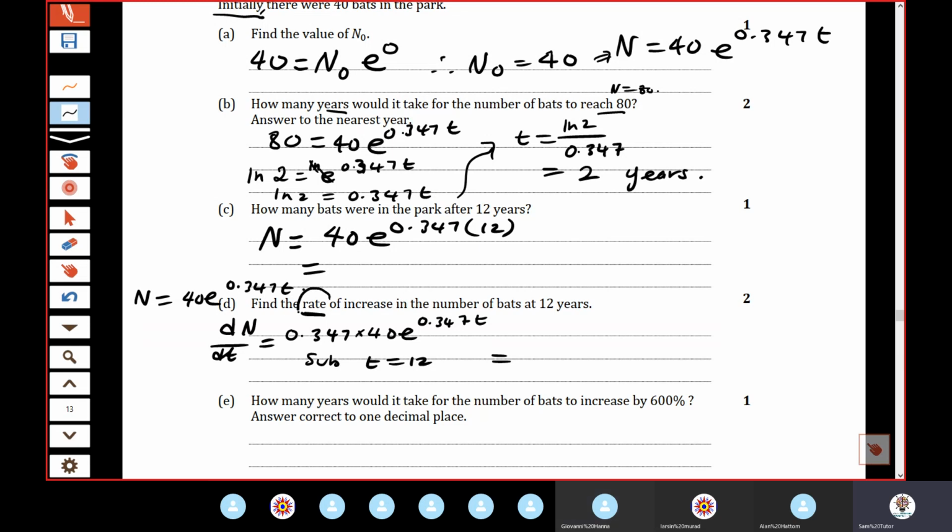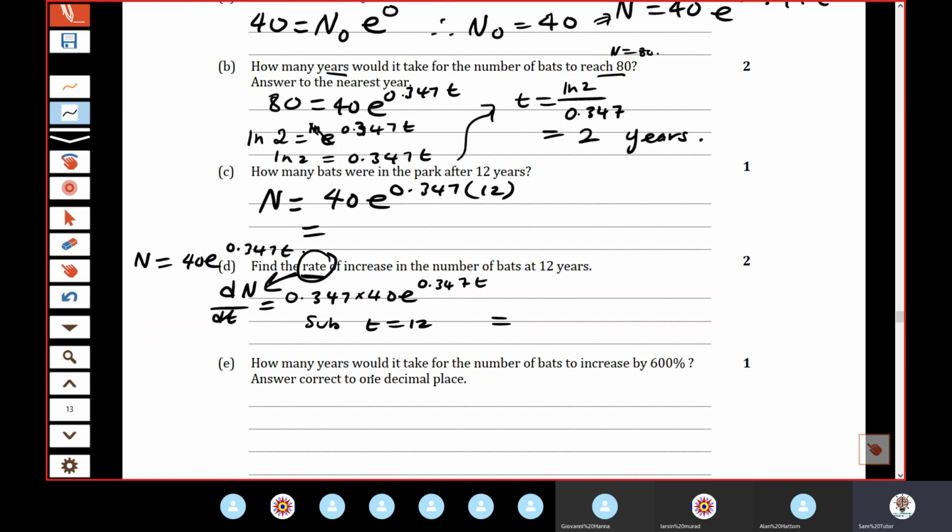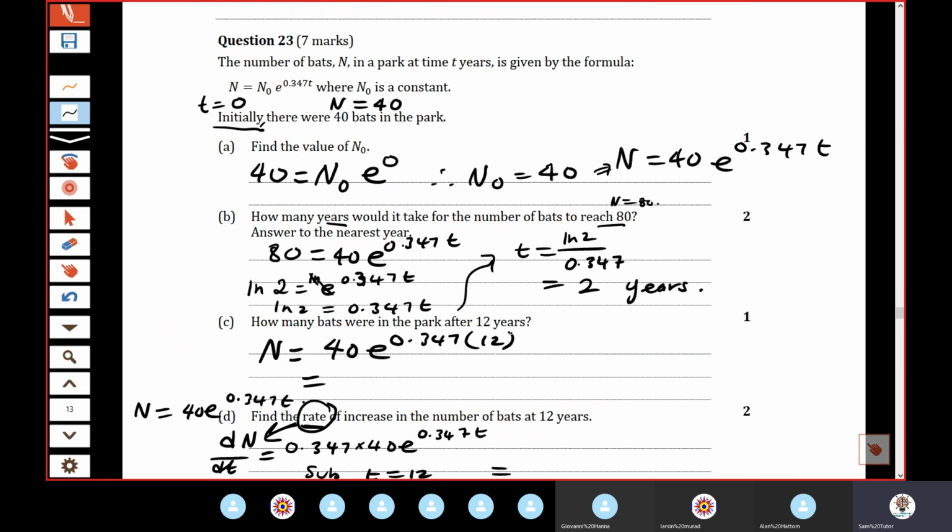So I think the biggest word there is this means this. E, how many years would it take for the number of bats to increase by 600%? All right, well, how many bats did we start with? 40 bats.